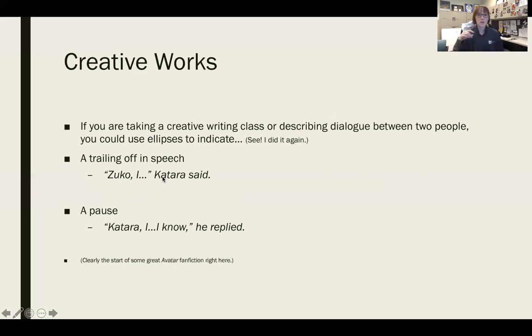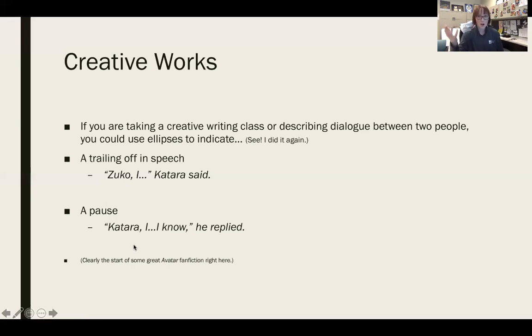So here you see Zuko, "I," and says Katara, and that indicates that that person trailed off or stopped speaking in the middle of a sentence. Or a pause, "Katara, I know," he replied. Those things here indicate how we should read it as a representation of a conversation going on between 2 people.